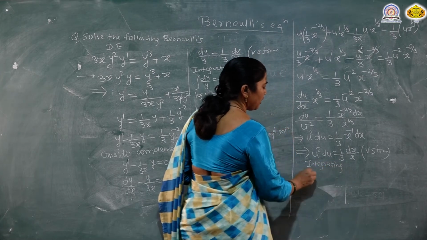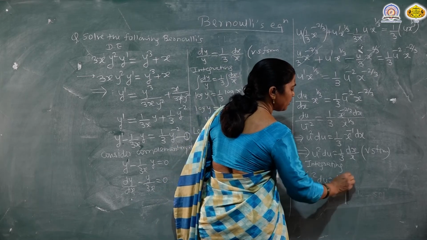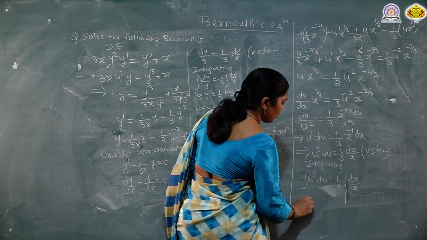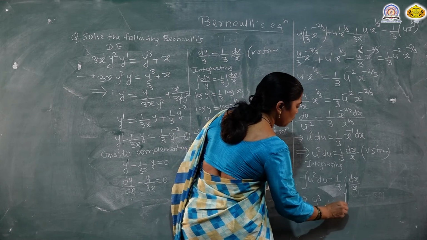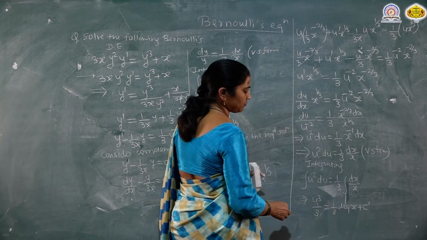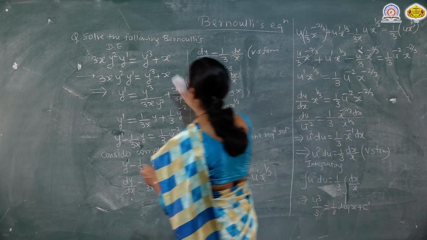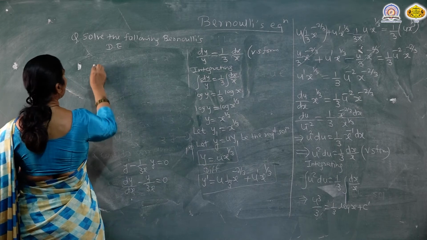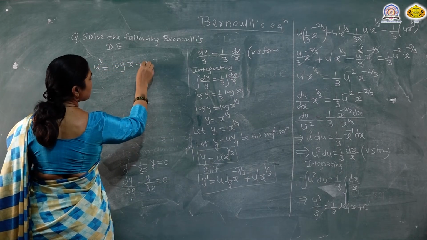Integrating we get integral u square du is equal to 1 by 3 integral dx upon x. It is nothing but u cube upon 3 is equal to 1 by 3 log x plus c, or I will say c dash. This implies that multiplying by 3 we get u cube is equal to log x plus 3c dash.